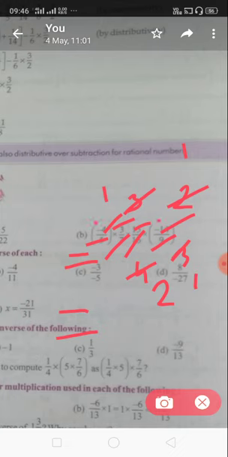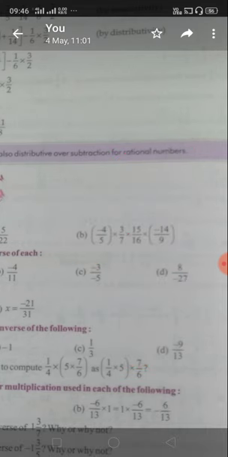So this negative and this negative multiply, it becomes positive. In the denominator what is left? After simplification 2 comes, so in the denominator you write 2, and in the numerator 1 into 1, 1. So your final answer is plus 1 by 2, or you say simply 1 by 2.